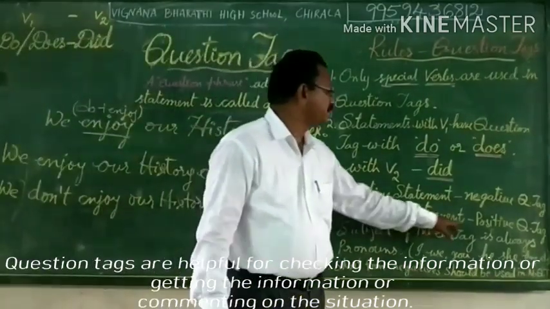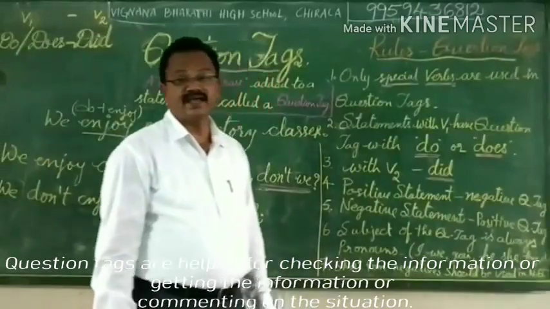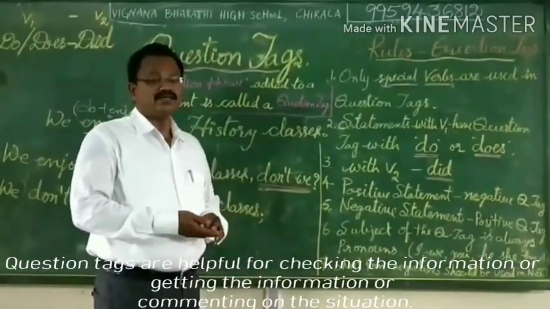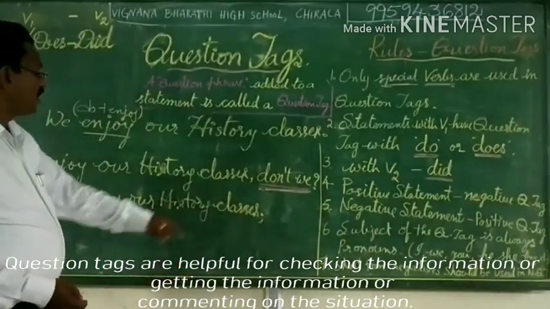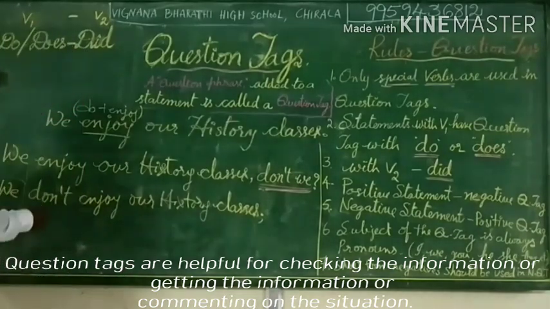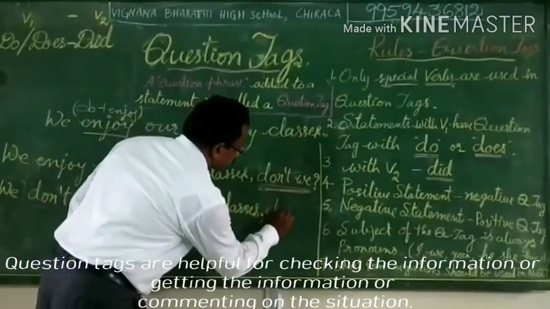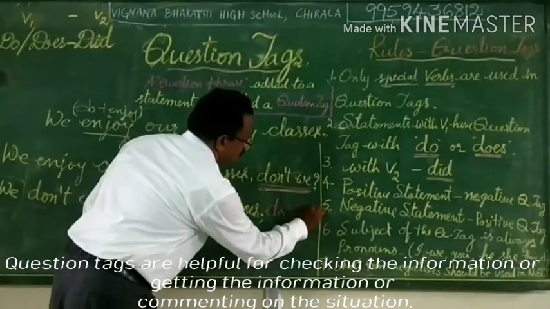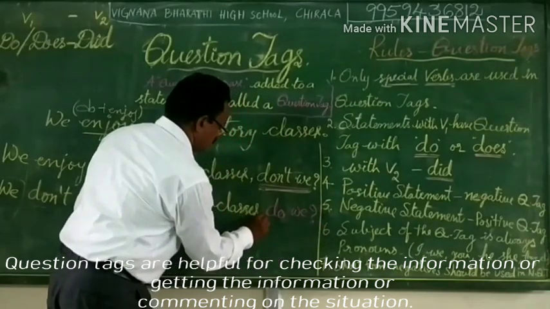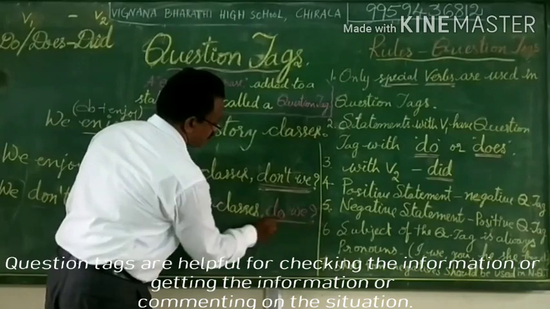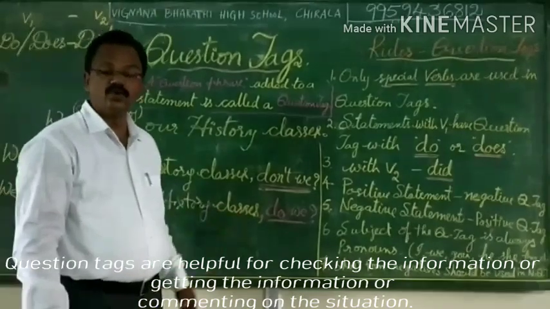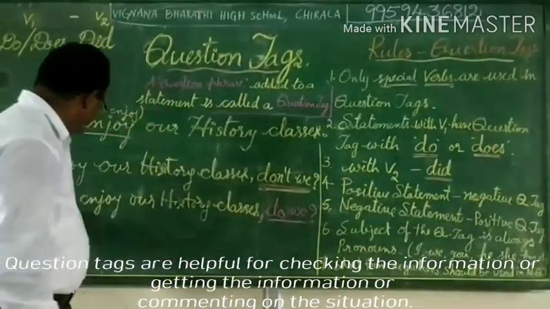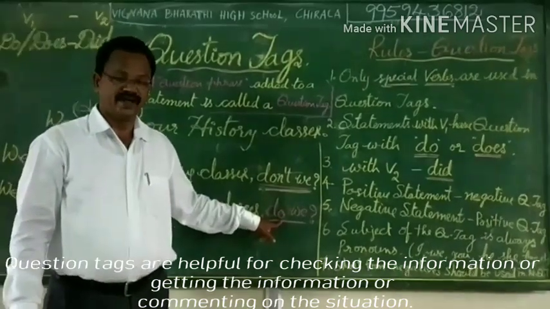Whenever you find a negative statement, we add the question tag in a positive sense. Positive statement, negative question tag; negative statement, positive question tag. We don't enjoy our history classes. Already the special verb is mentioned here, do. Simple. Do we? We don't enjoy our history classes, do we? So for a negative statement, a positive question tag.